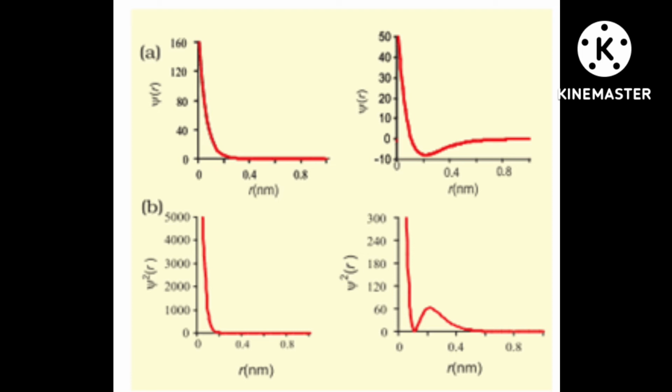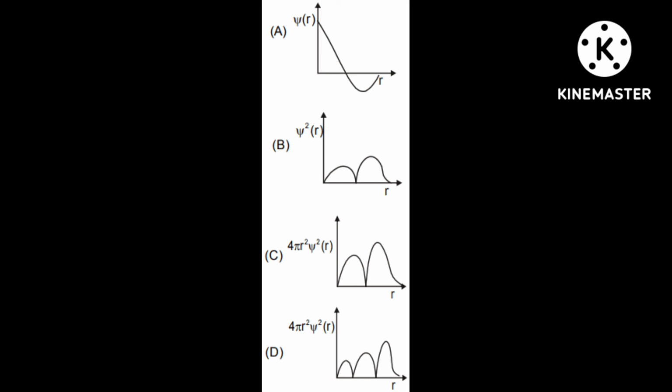Describe which orbital it belongs to. As I discussed yesterday, keep this in mind before solving the numericals: L equal to 0 represents S, 1 represents P, 2 represents D, and 3 represents F.